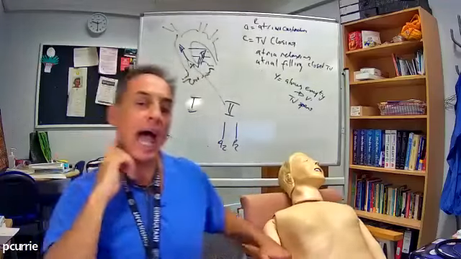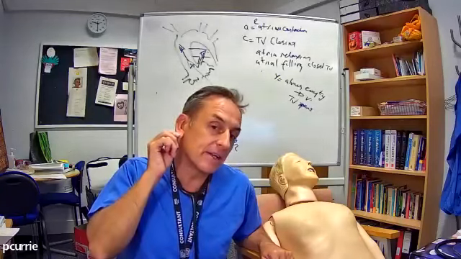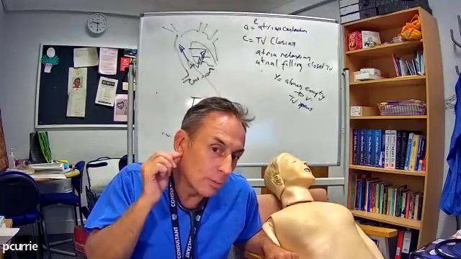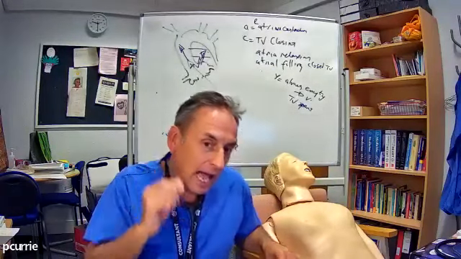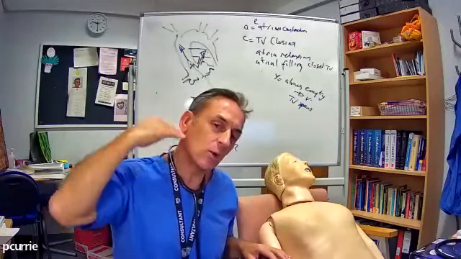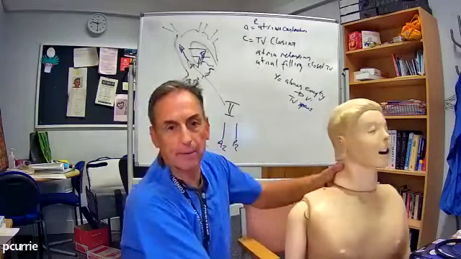So if you've got a very high JVP, it might be up at the angle of the neck, or behind the hair. Or even you might just see the earlobe twitching. What you do, if you think you've got a very high JVP and you can't quite see it, then you bring gravity in and you sit your patient up.